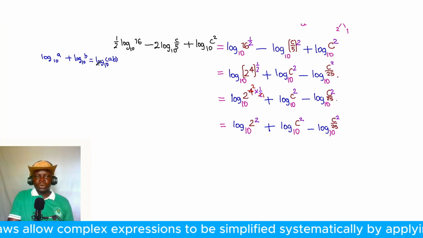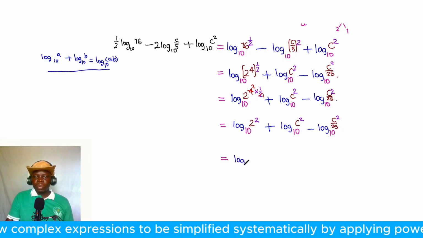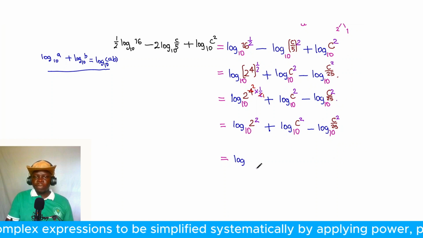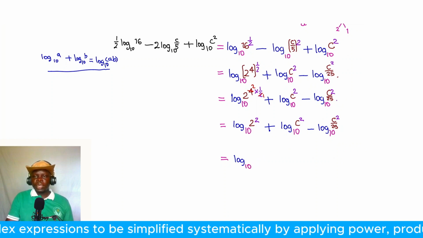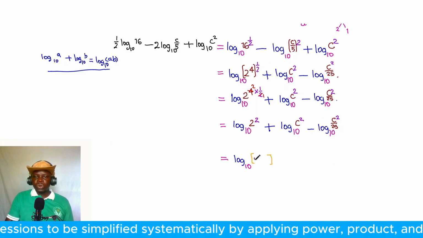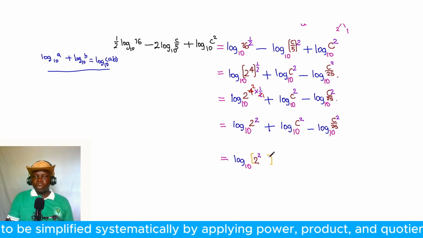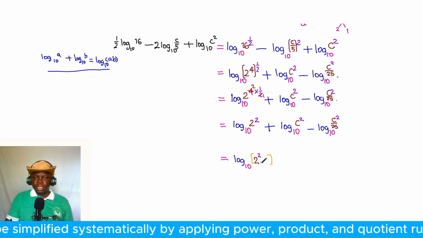So applying this rule here, we'll have the same as logarithm to the base of 10, and we have, maybe we can create a bracket here, and our two numbers are 2 exponent 2, and since we are adding, remember here we'll be doing what? We'll be multiplying.